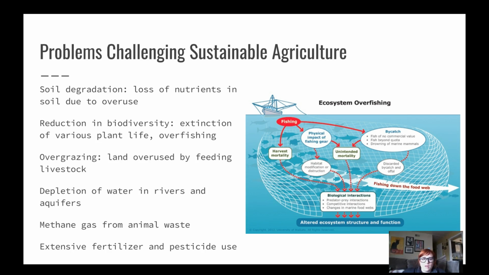Another example of a problem challenging sustainable agriculture would be overfishing. So this is the image that I've provided for you here. Basically, overfishing is when you're catching so much fish that the fish that are left behind can't reproduce enough in order to replace what you have taken out of the ocean, okay?